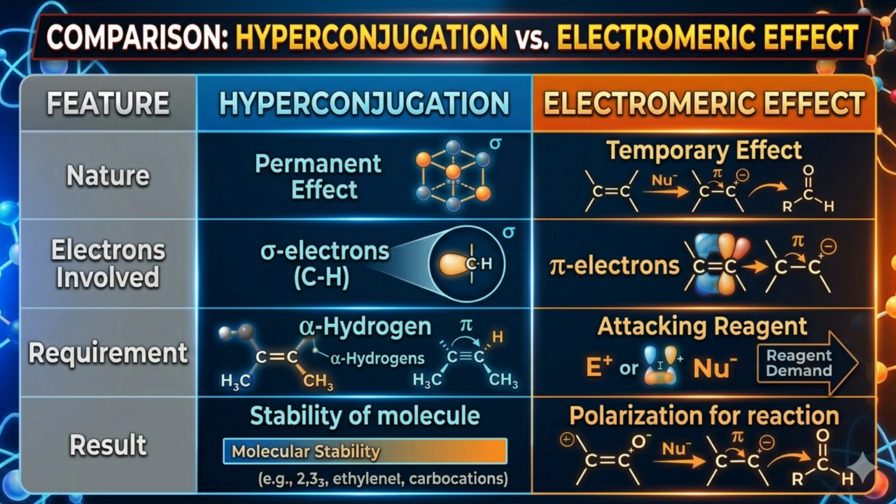No reagent, no effect. Finally, let's look at the result. Hyperconjugation leads to stability of the molecule. This is why more substituted carbocations are more stable. Whereas the electromeric effect causes polarization, helping the molecule undergo a chemical reaction. So in short, hyperconjugation stabilizes, while the electromeric effect prepares the molecule for reaction. That's the key difference you need to remember.